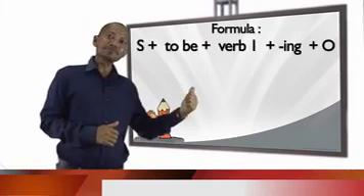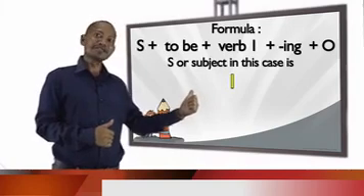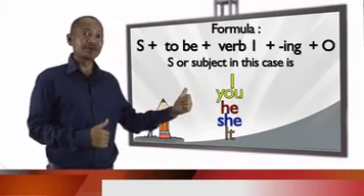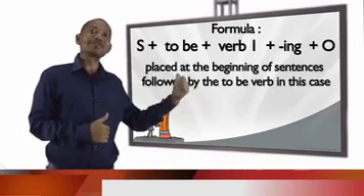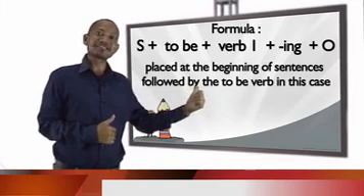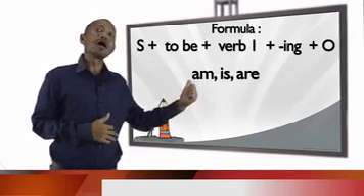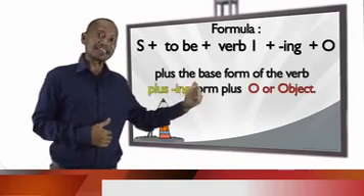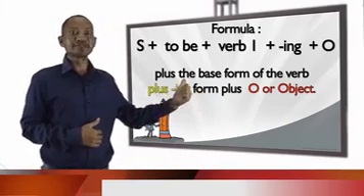In the formula, S, or subject, in this case is I, you, he, she, it, we, you, and they, and comes at the beginning of the sentence, plus the to be verb, in this case am, is, are, then plus the base form of the verb plus the ing form, then followed by the O, or object.